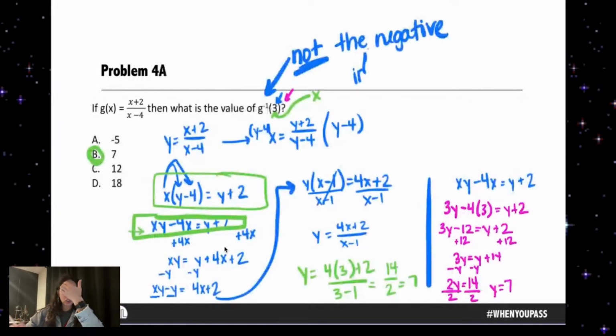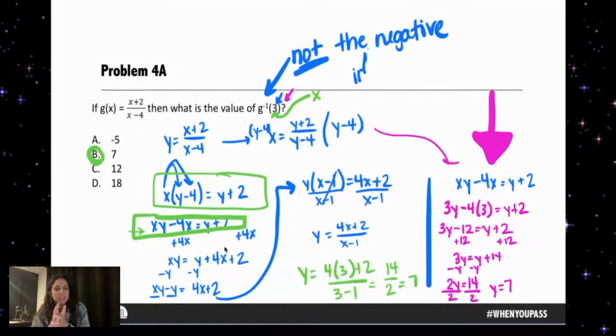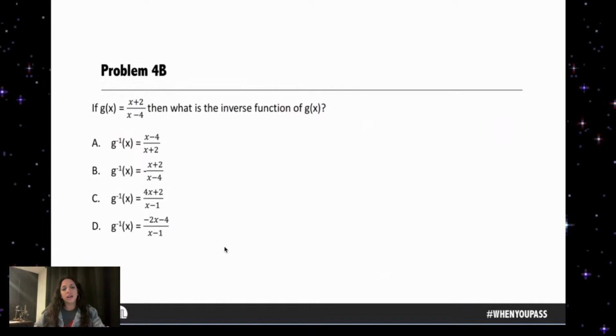In this situation, I could solve it with fewer steps, because once I found that inverse and got stuck, I could just plug that x value into the function. However, this is the same problem, except they didn't ask what the inverse at 3 was. They asked what is the inverse function.